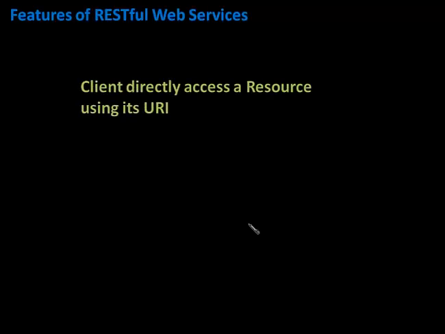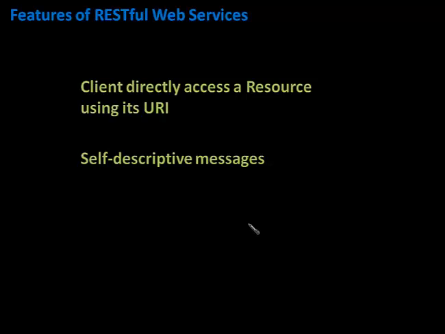There are three main features of RESTful web services. In RESTful web services, the client can directly access a resource using its URI, which is a direct advantage of RESTful web services over SOAP web services, where the client needs WSDL and stubs of SOAP web services in order to access anything on the server.